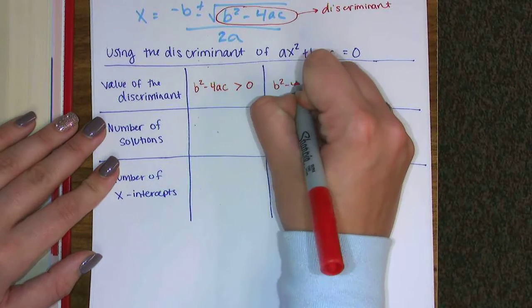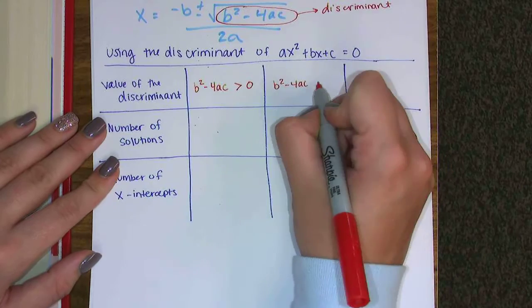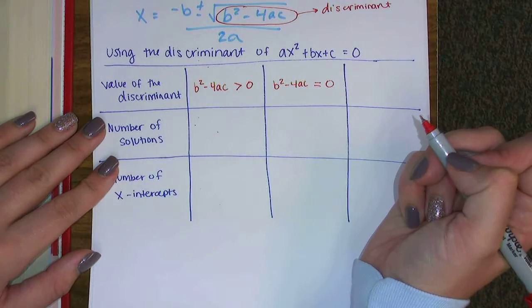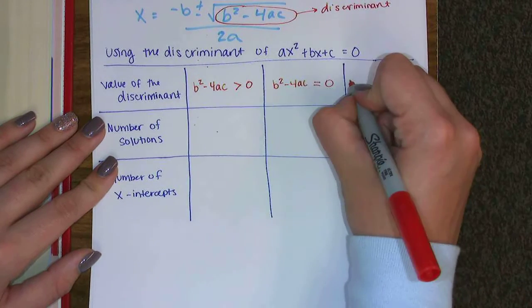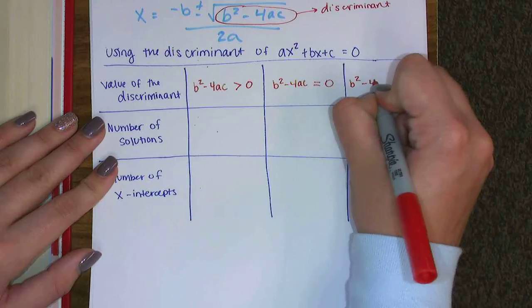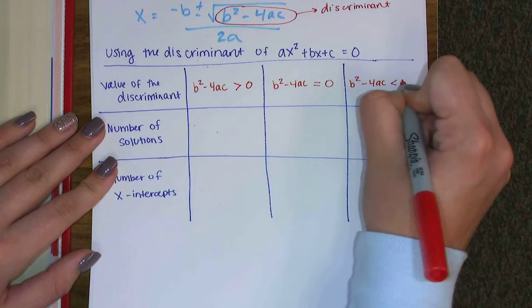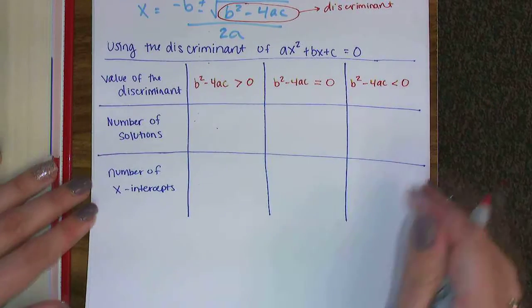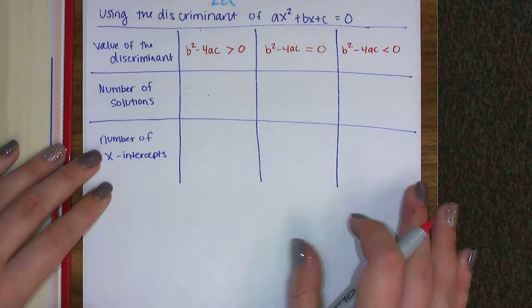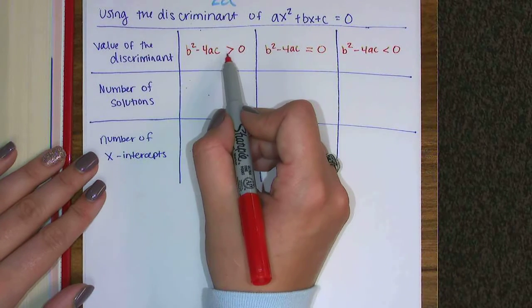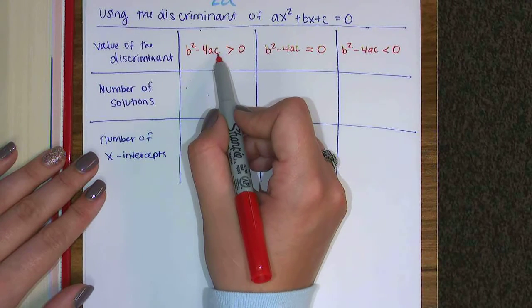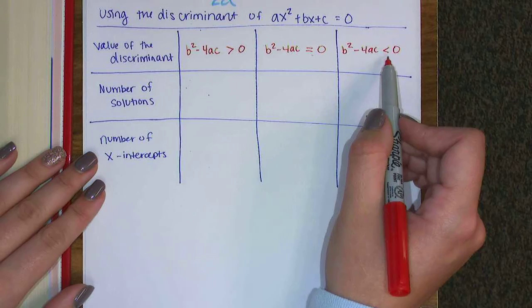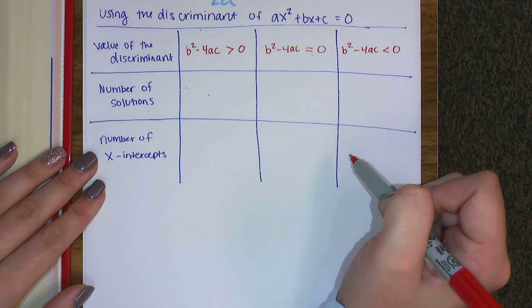Now, over here, b squared minus 4ac, we're going to show what happens if it's equal to 0. And lastly, we're going to show what happens if b squared minus 4ac is less than 0. So if it's negative, we're going to show what happens there. So this will be the math that you do, and then you'll look at the chart and you'll say, is b squared minus 4ac greater than 0, equal to 0, or less than 0? And then that will determine your number of solutions and your number of x-intercepts.